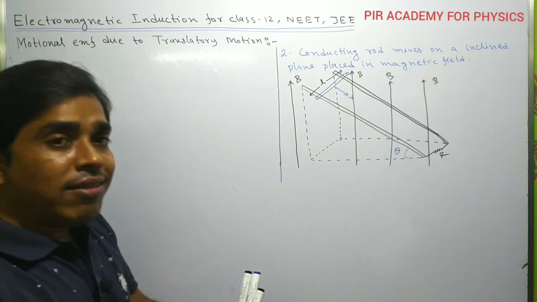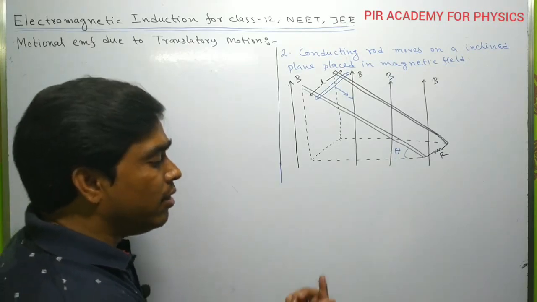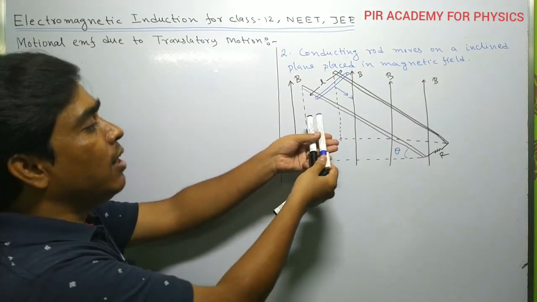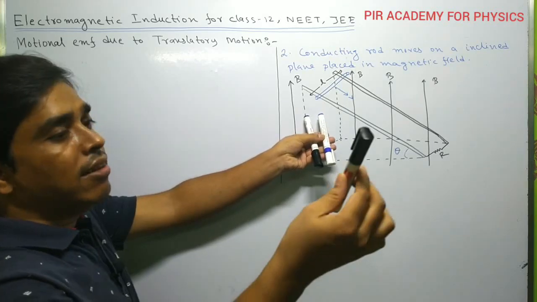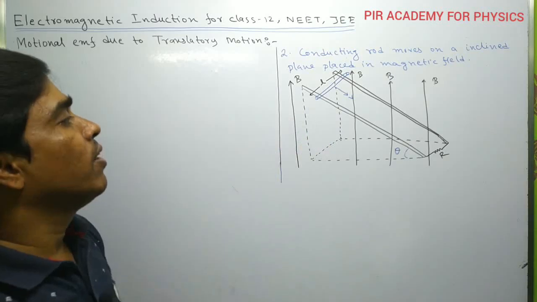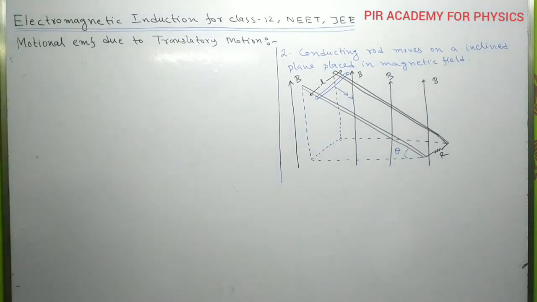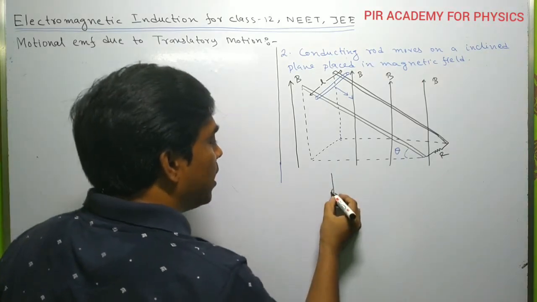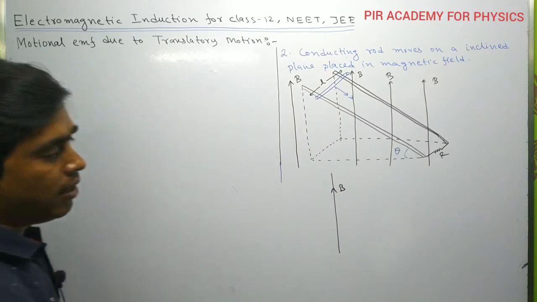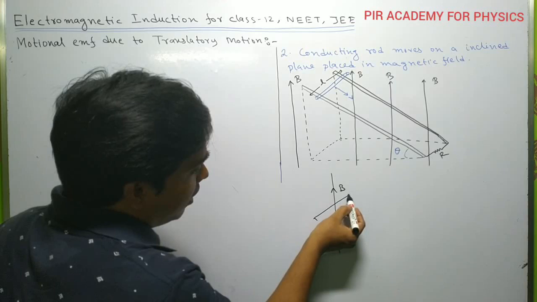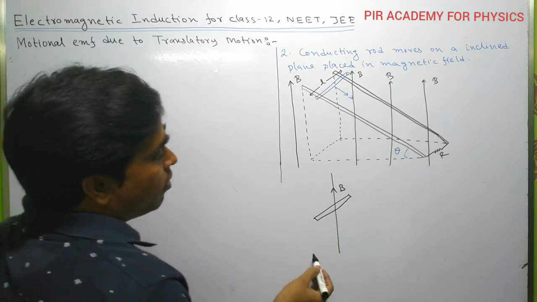You have to understand that this is the direction of the magnetic field, and this is the inclined plane, and this is the rod. This rod is moving on this inclined plane. Now suppose this is the magnetic field and this is the rod.